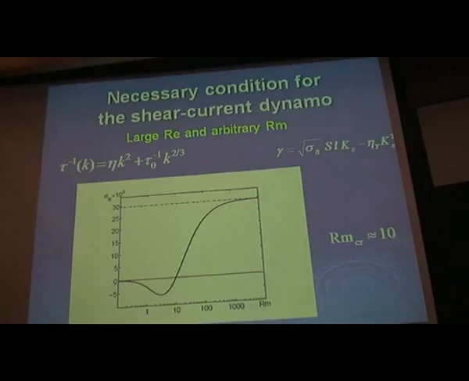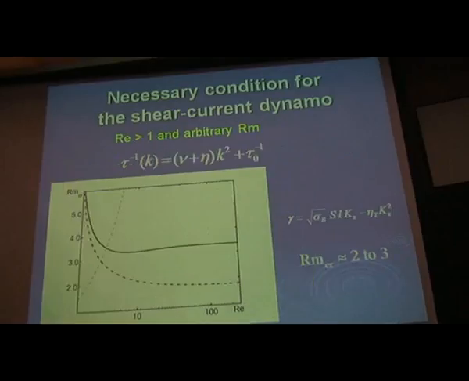But if we consider not small Reynolds number, not small magnetic Reynolds number, in this situation the threshold for excitation of a large-scale magnetic field is that the Reynolds number should be more than 1, 2, 3. So the threshold is not so high.